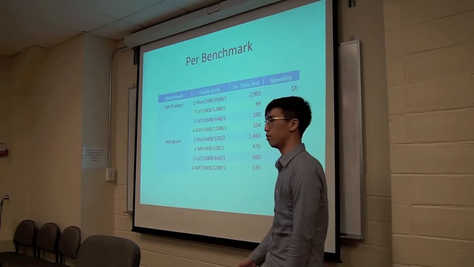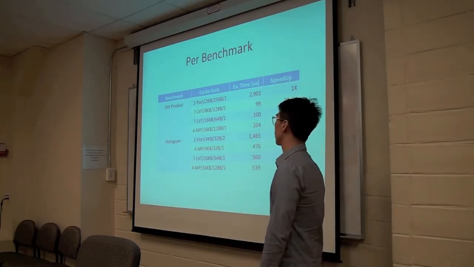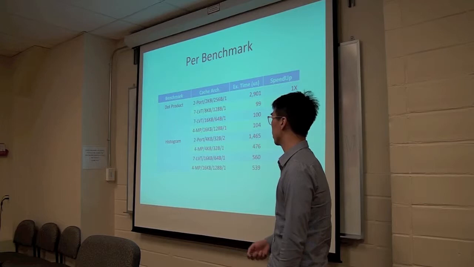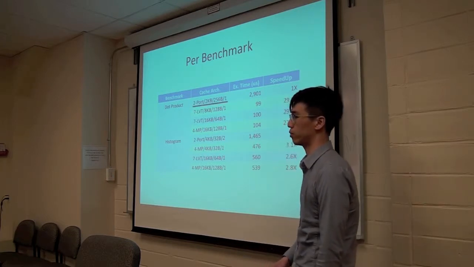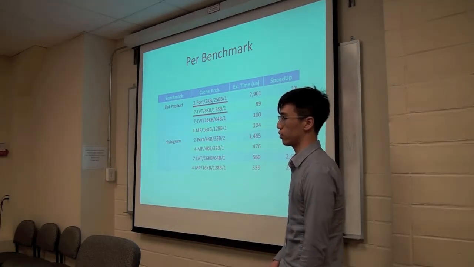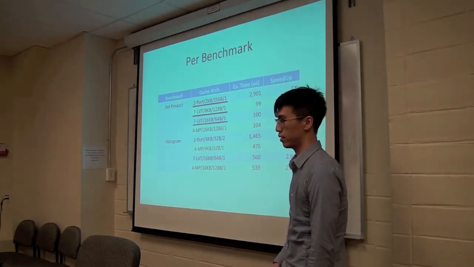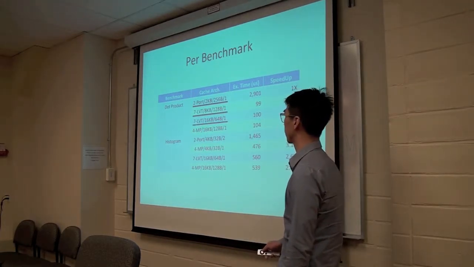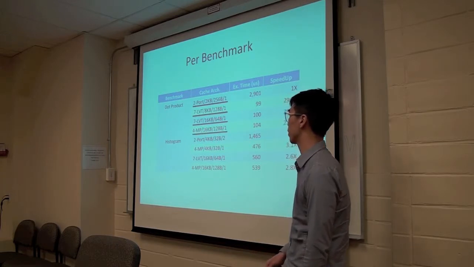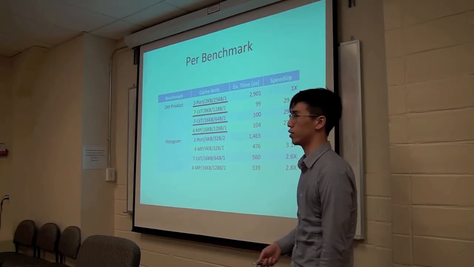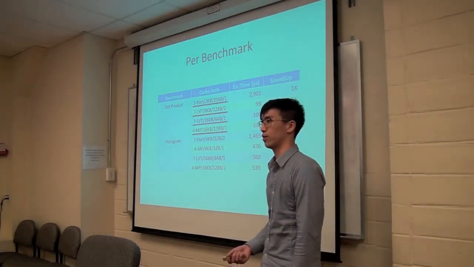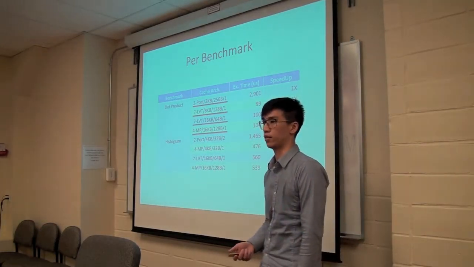So I'd like to highlight a couple of per benchmark results. You can see for the dot product and the histogram benchmarks, the top one shows the worst result for that benchmark. The second one shows the best result. This one shows the best architecture in geomean and second best architecture in geomean. Only the parallel architectures were considered for this table to isolate any gain from parallelization of the benchmark.